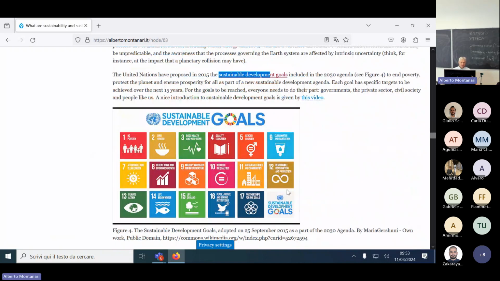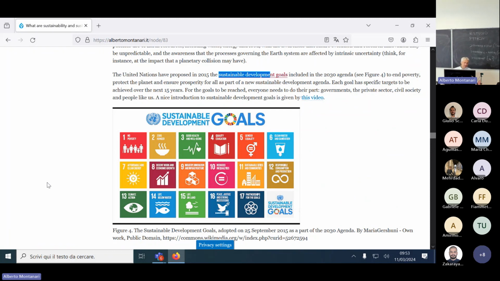These goals are divided, each one of them, into targets. Ideally they are part of Agenda 21, which is also called the 2030 Agenda.